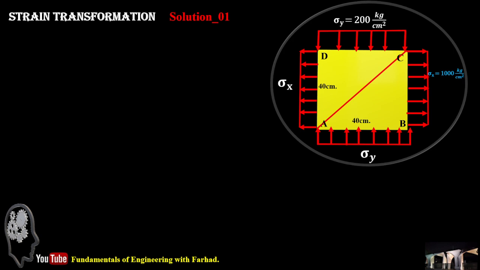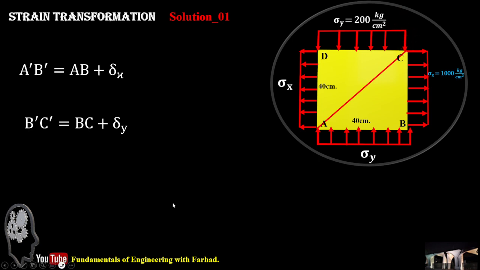So after deformation, A prime B prime is AB plus delta x. Likewise, B prime C prime is BC plus delta y in the y direction.